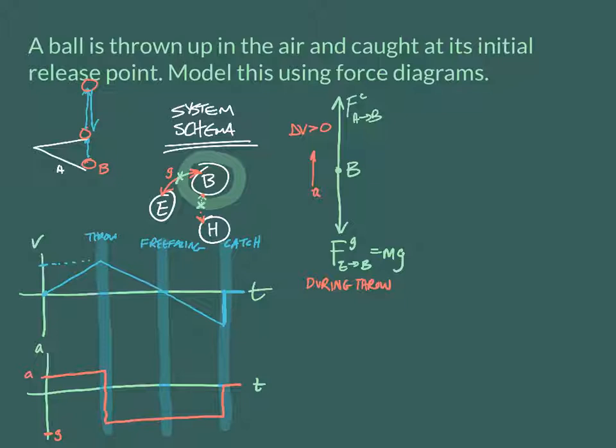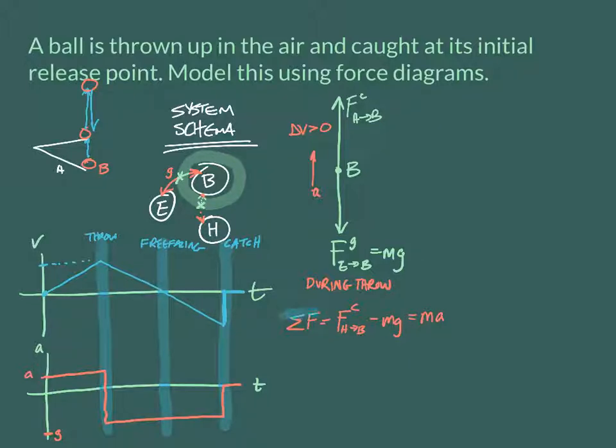So we have that first part of the acceleration, and during that phase, the sum of forces, I'm going to have that up force of contact of the hand on the ball minus the down force, or the weight of this thing, and that's going to equal mass times acceleration. This is the sum of forces.